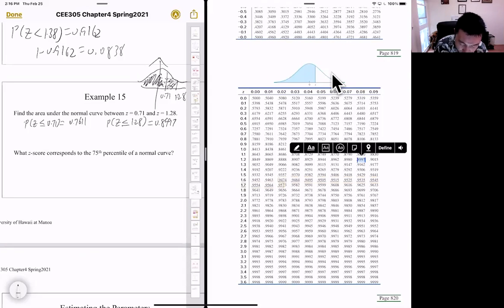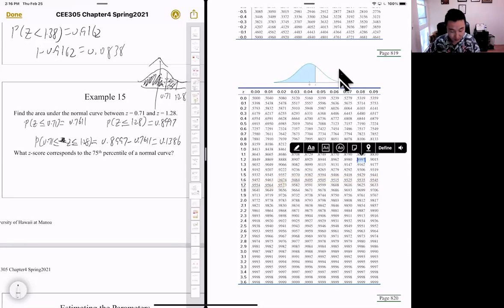So the area between 0.71 and 1.28 is therefore 0.8997 minus 0.7611, which is 0.1386.